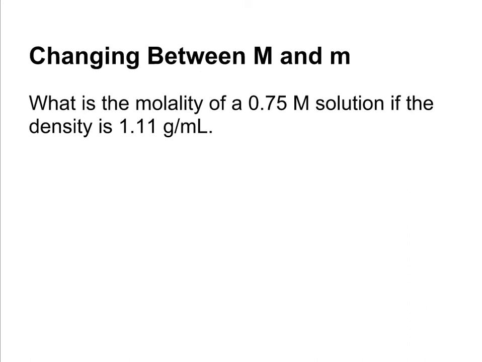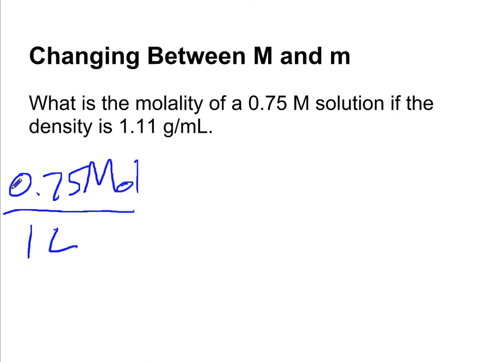So in this example, we need to find the molality of a 0.75 molar solution if the density of that solution is 1.11 grams per milliliter. What we'll do is start our calculation with 0.75 molar, which is the same thing as moles per liter. So we've got 0.75 moles per 1 liter.